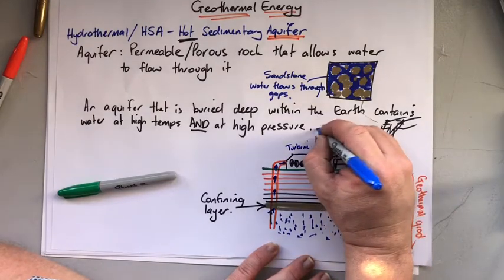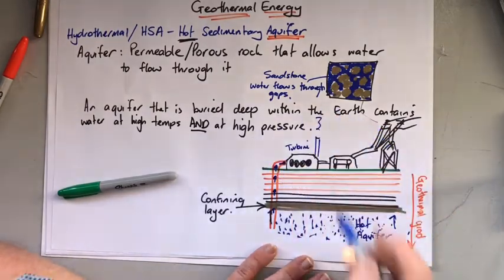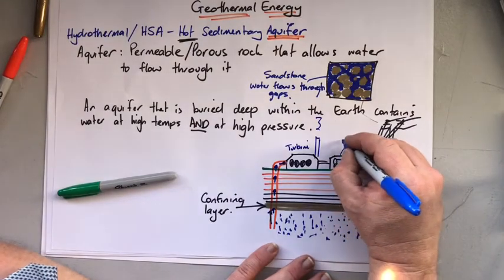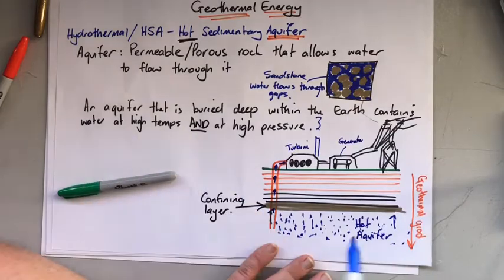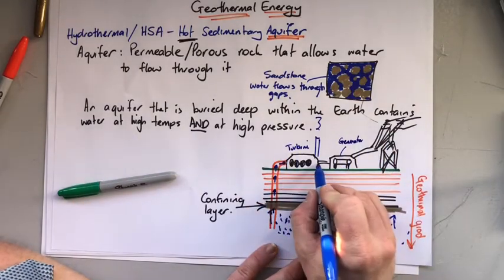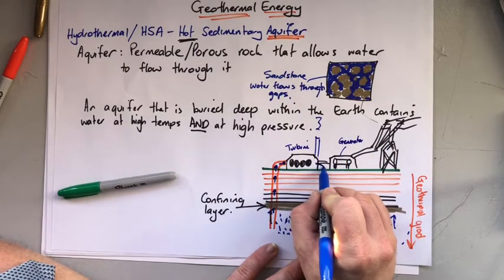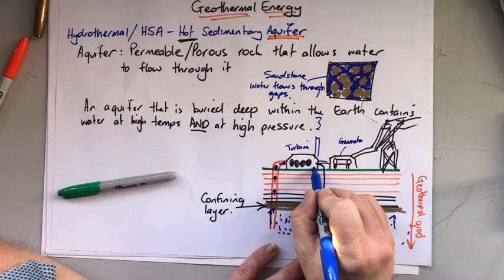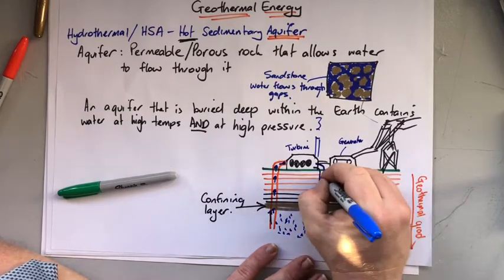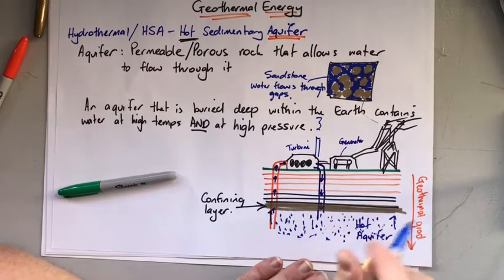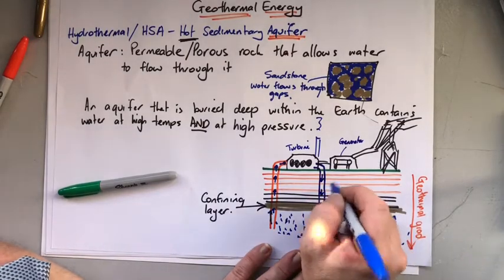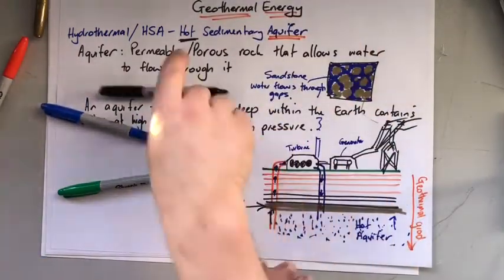Might release a little bit of steam too, which then turns the generator, which generates electricity. Now at the same time, we're going to remove that water and pump it back underground. Pumping it back underground is called recharge.